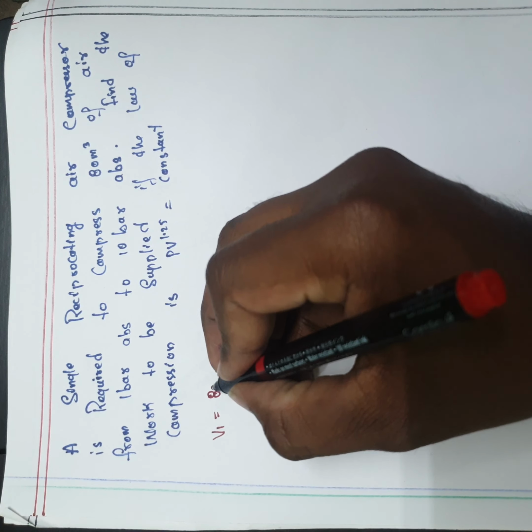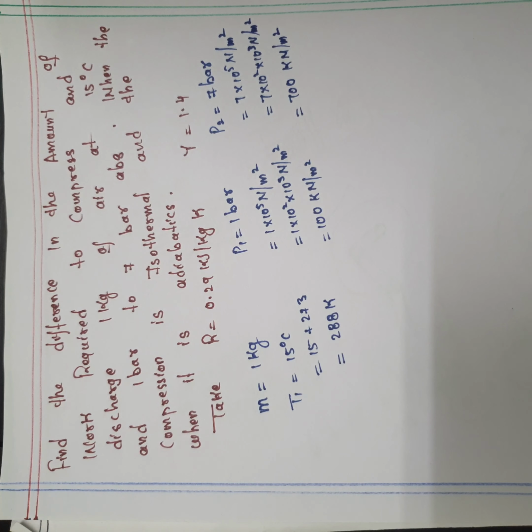Then P2 is equal to 7 into 10 to the power of 5 Newton per meter square. This can be written as 700 kilonewton per meter square.